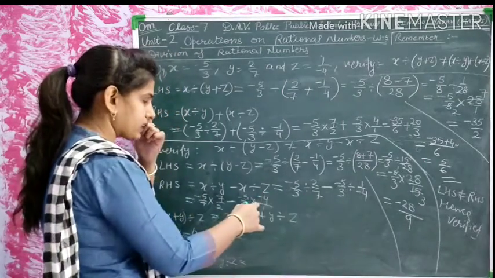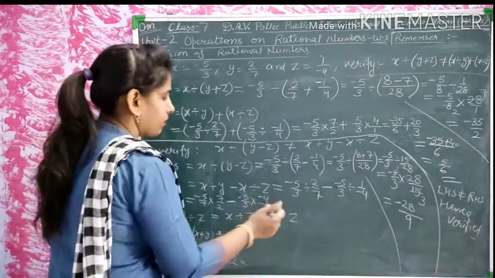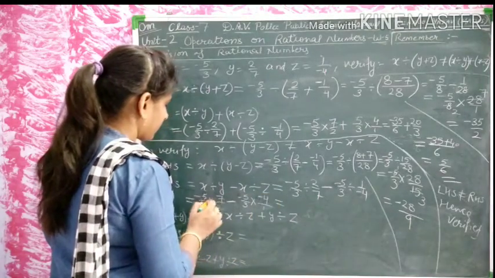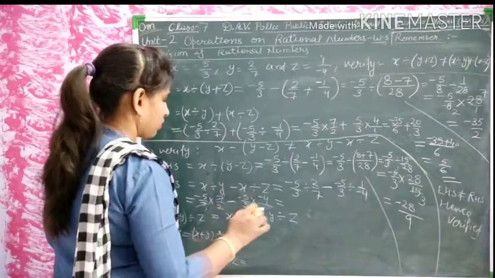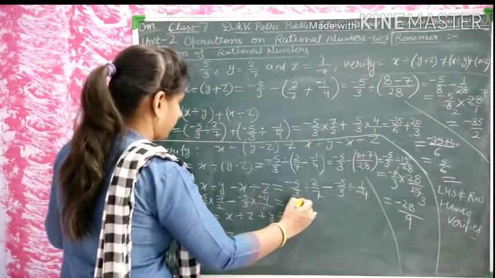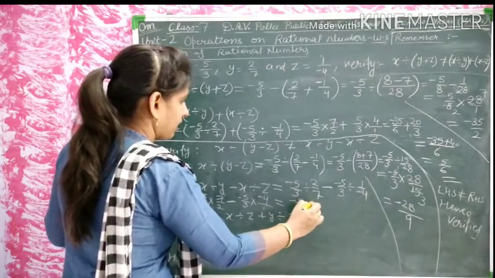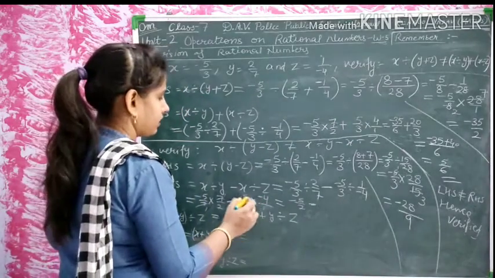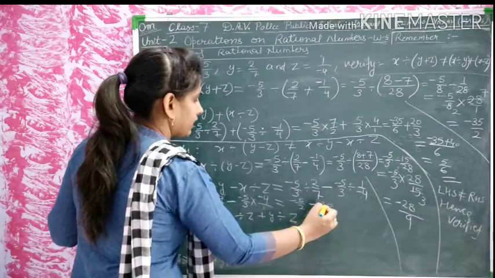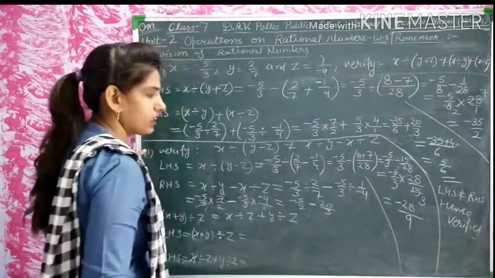Its reciprocal is this and divide changes to multiply. Now we will get 7 1s are 7, 7 1s are 7, and nothing is cut there. Minus 5 by 2 minus, this is minus times minus which is plus, and 5 4s are 20 divided by 3. Is this clear, students?